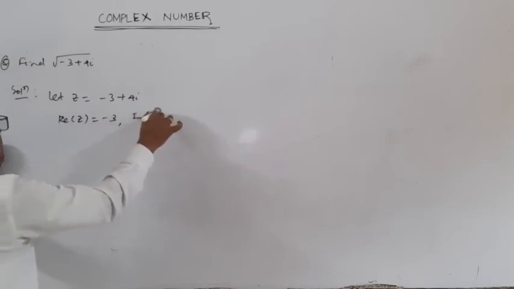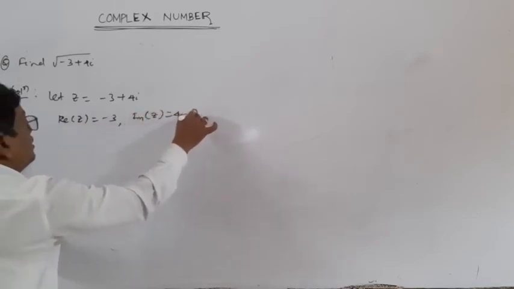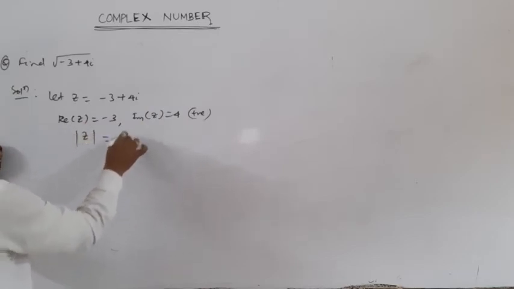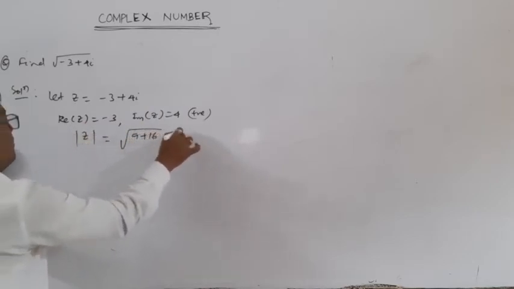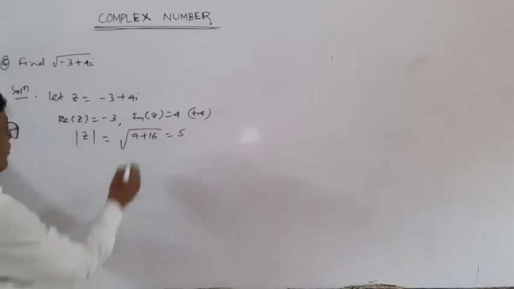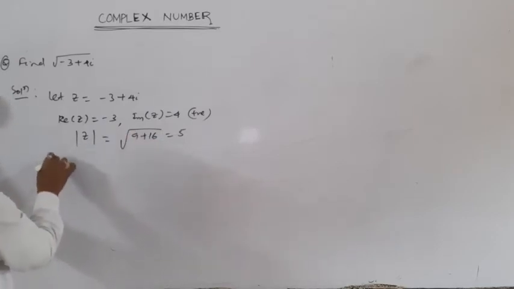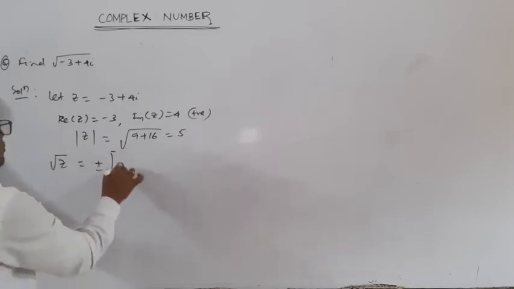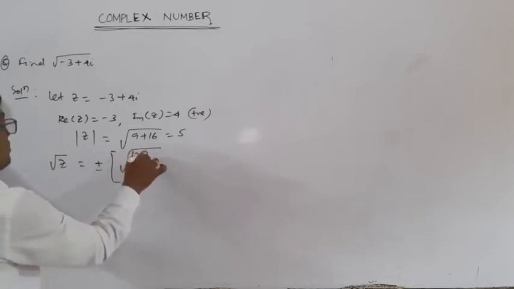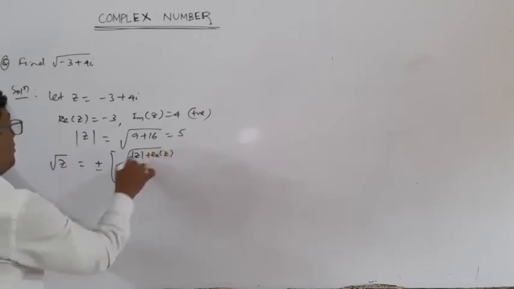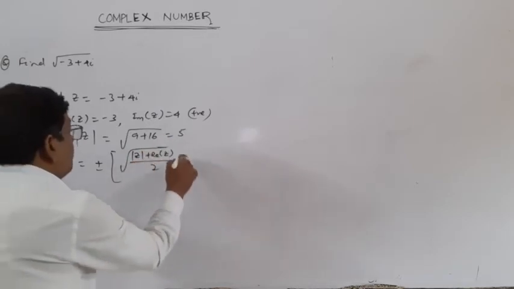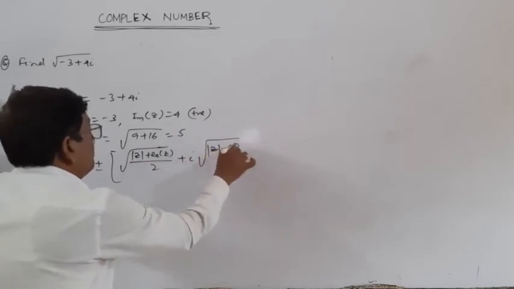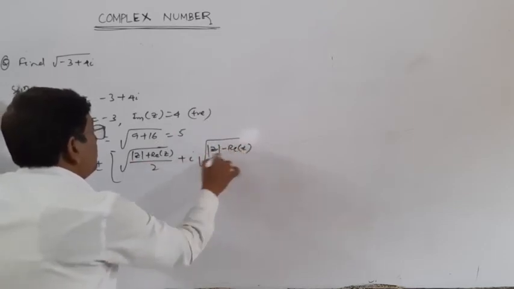The imaginary part of z is equal to 4, that is positive, and mod z is equal to what? 9 plus 16, that is 5, and root z is equal to plus or minus, this formula: square root of mod z plus real part of z by 2 plus i into square root of mod z minus real part of z by 2.